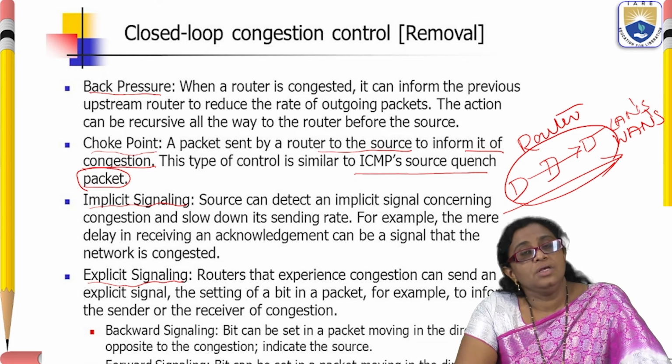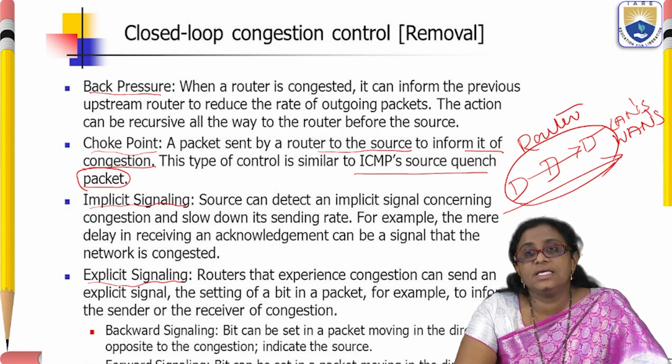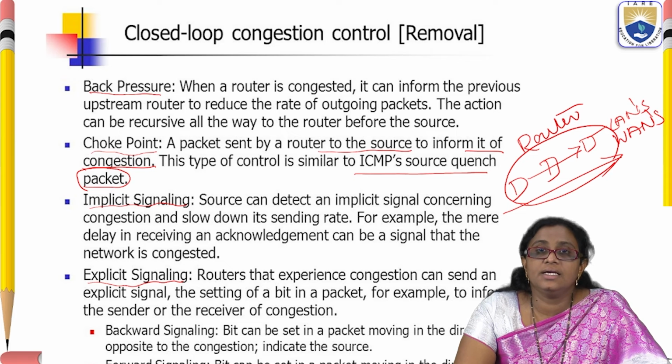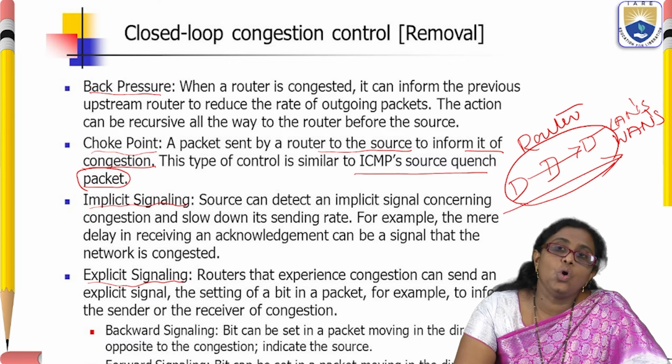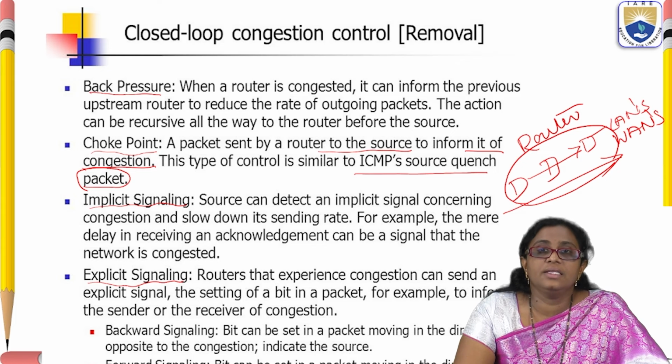And coming to implicit signaling, a source can detect an implicit signal concerning congestion and slow down its sending rate. For example, the mere delay in receiving an acknowledgement can be a signal that the network is congested.